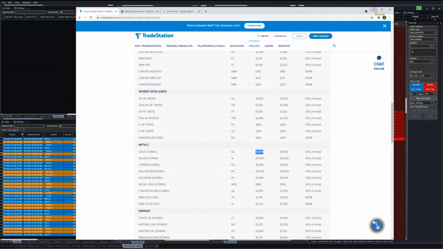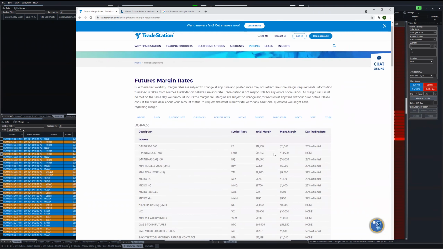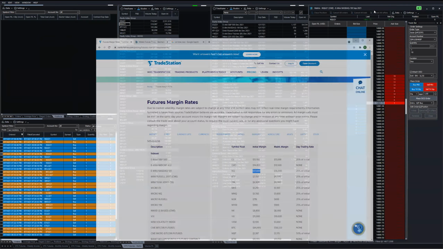Yes, but the cost deducted equals, because you get leverage. Of course you have leverage, right? That's why you have these high tick values and point values.